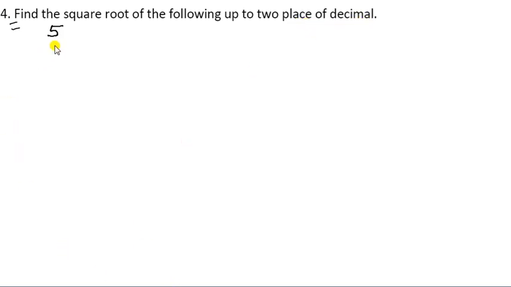So according to the question, x square is given as 256. So x will be equal to square root of 256. Now find the square root.